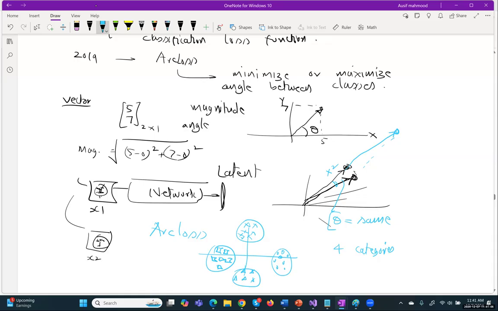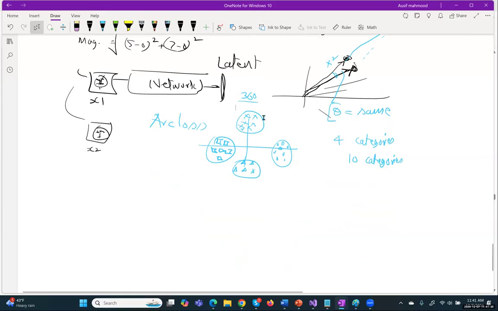It will work. What if I have 10 categories? How many total angles do we have in 2D? 360, so every 36 degrees will be the center of a cluster. What if I have 1,000,000 categories? You'll say, this angle technique is not very good.